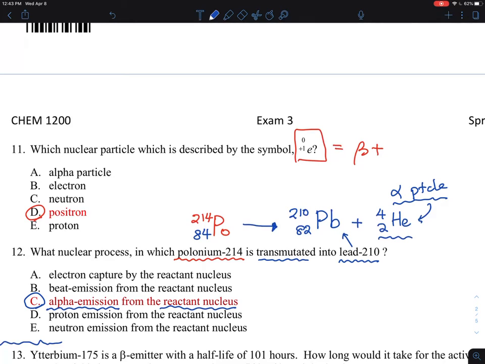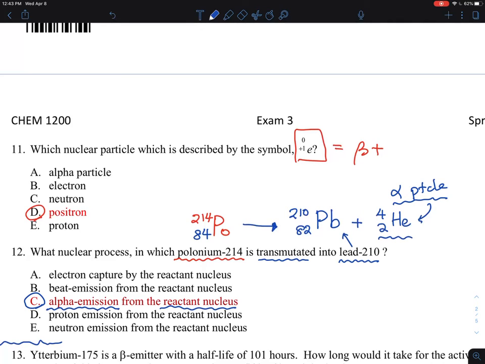Then they said it transformed into lead. This one is practice for you to find lead on the periodic table, and looking here, that's lead. The atomic number is 82. So you can write 82 atomic number lead, and 210, they said 210 is the atomic mass.